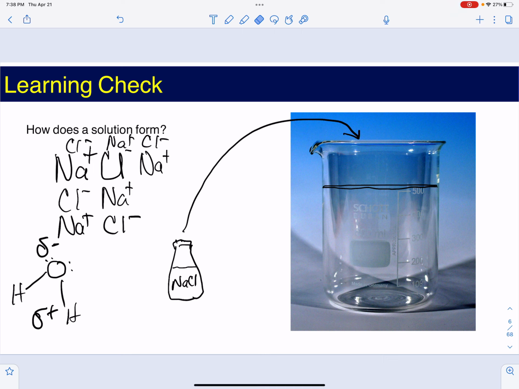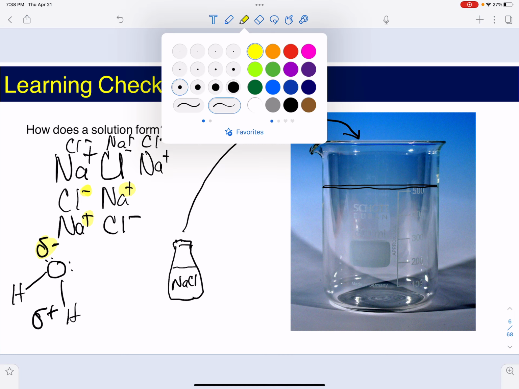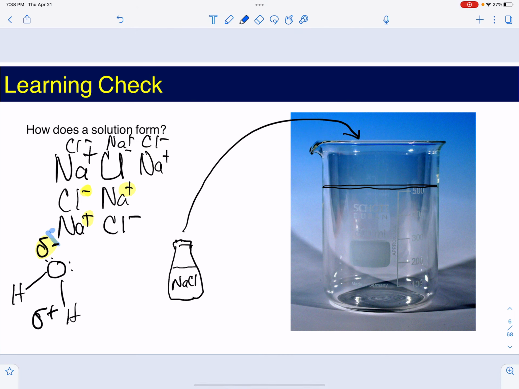So what happens here? Once more, the same way this positive is attracted, this negative is attracted by this positive is attracted by the partially negative from the water. So you begin feeling an attraction there, and this would be an ion-dipole attraction, because the Na+ is an ion and the polar molecule is a dipole, partially negative, partially positive, right?